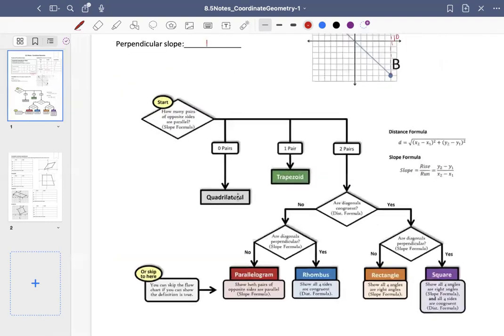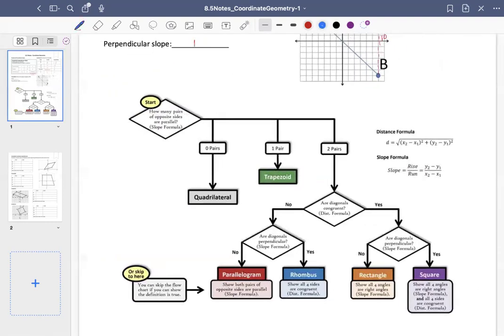Let's go ahead and move down to this flow chart. This is going to help us when we start actually using the graphs, because what we're going to do is start with looking at the number of parallel sides, so either 0, 1, or 2. If it has 0 or 1 pairs of opposite parallel sides, that's just going to be like the other quadrilateral.